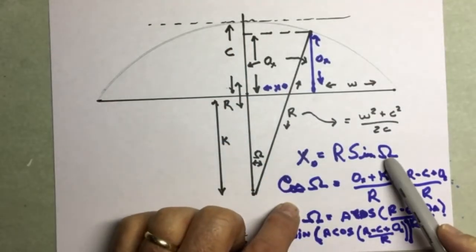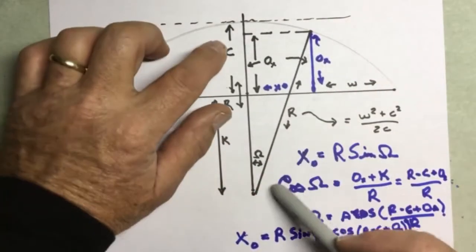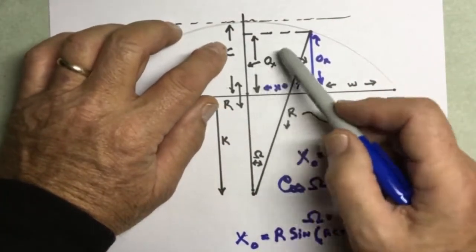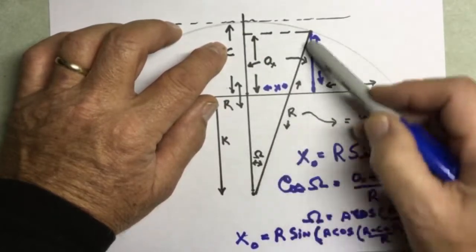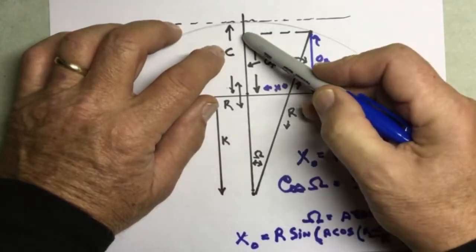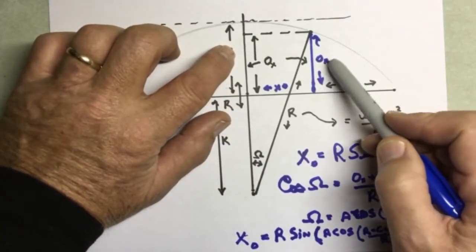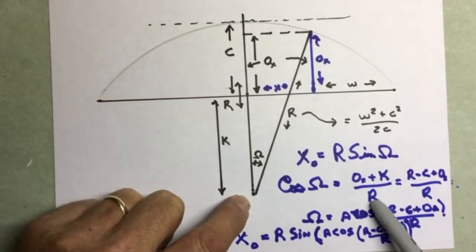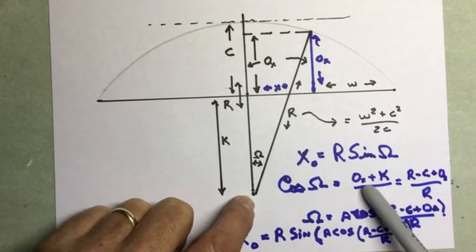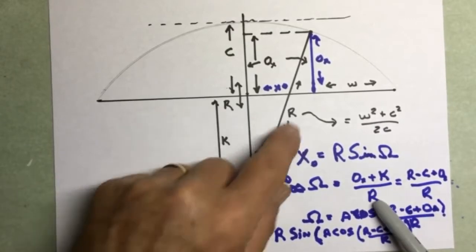But what is omega? Well, we can also see that the cosine of omega would be this length divided by the radius. The radius is a known, and this length is a known because it's equal to our chosen offset height plus the cocamber. So the cosine of omega is equal to the offset height plus the cocamber divided by the radius.